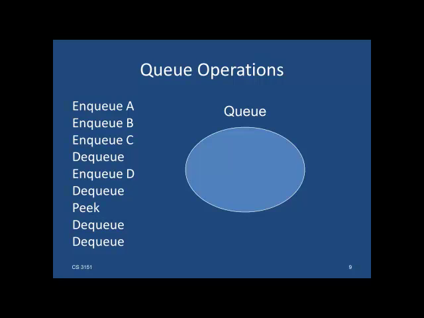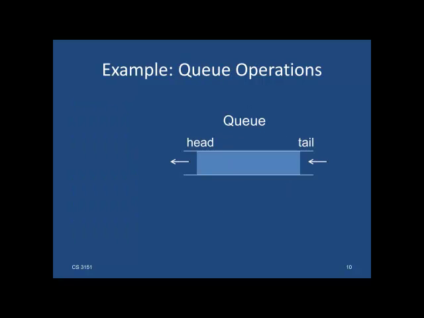Although the abstract data type queue does not specify that its elements need to be stored sequentially, it's much easier to trace the queue operations if we write down the elements from head to tail. We remove from the head and add new items at the tail. So let's trace the operations again.